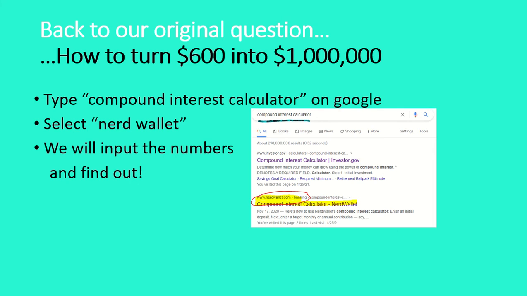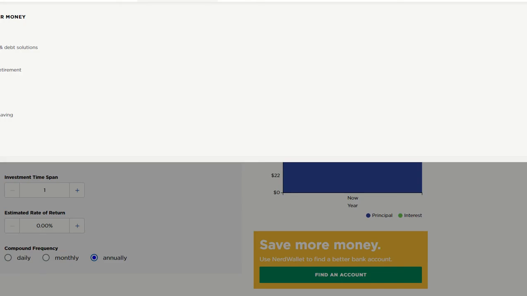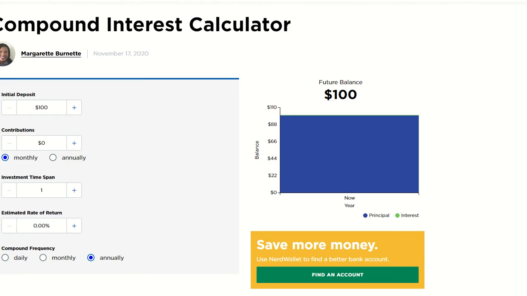And that should lead you to a page that looks like this. We're going to put some numbers in and see what we get. Here we go. My screen is pulling up. And when it does, it should look like this.